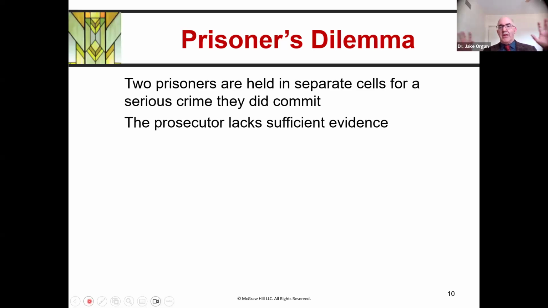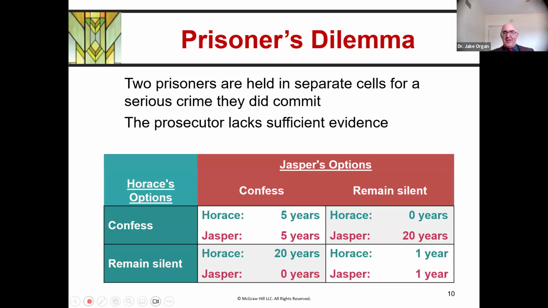So this is always based on this idea. Let's say you've got two prisoners held in separate cells for a serious crime they did commit, but the prosecutor lacks sufficient evidence. Let's imagine they're guys, that are in prison, both held in different cells, and they say, look, you've done this real bad robbery, but they haven't got evidence.